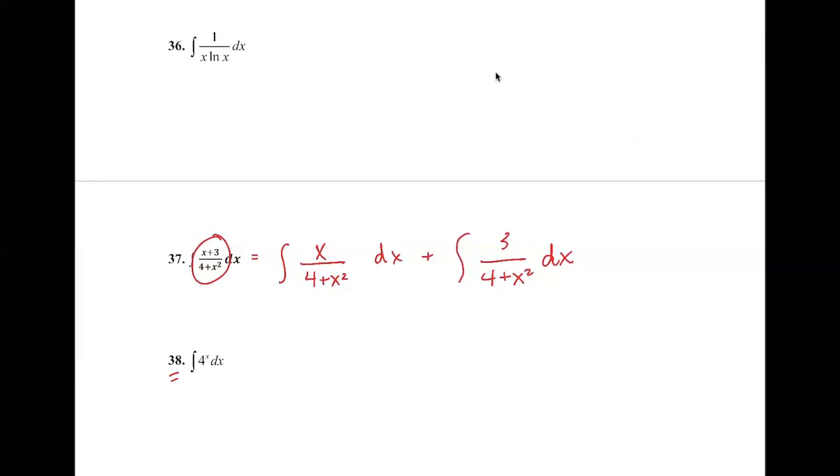Now, if we think about our first piece, so if we just look at this piece, we can let our u be our 4 plus x squared. Our du would be what? 2x dx. Now, that's close. We have an x dx, so we're going to have to divide by a 2.